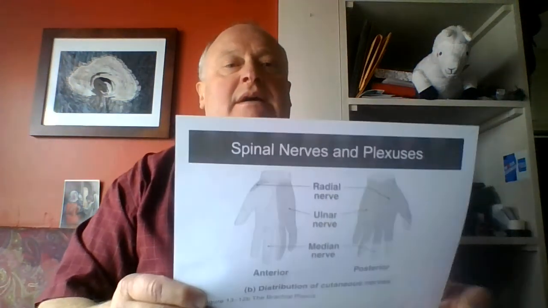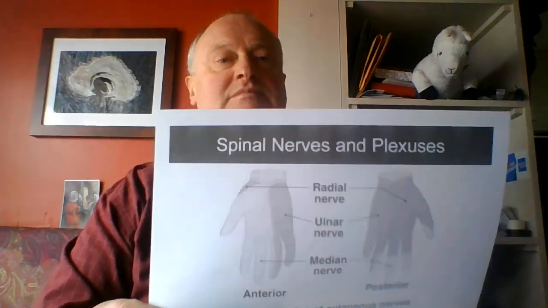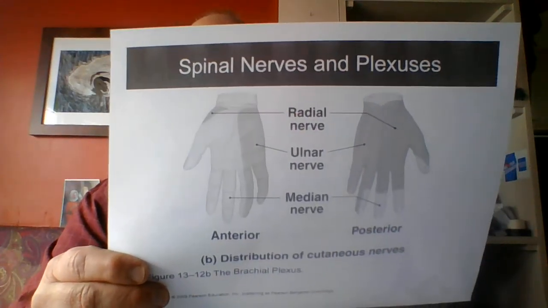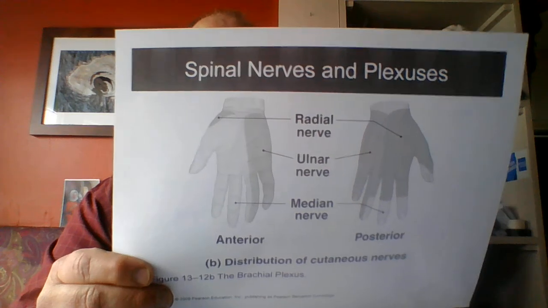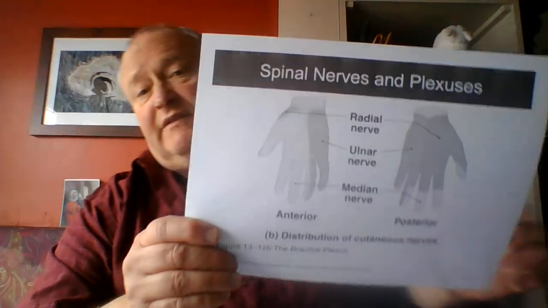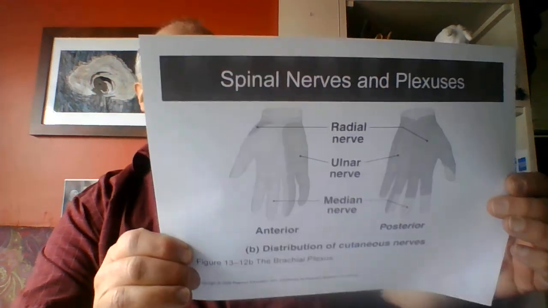All right, now we're going to kind of focus on why this could be important neurologically if you maybe have an injury or something like that. So, we have a picture here of a couple nerves. Radial nerve, ulnar, and median nerve right here.